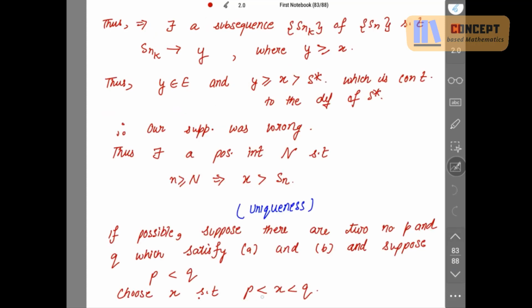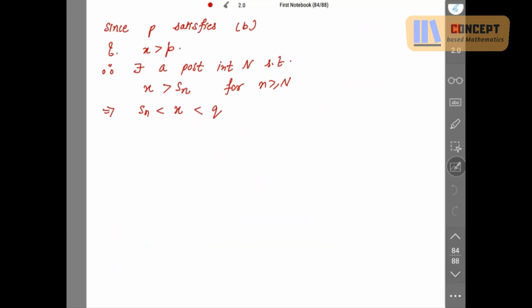We have chosen X to be strictly greater than P and less than Q. From here, Sn is less than X and X is further less than Q, right? Now, for n greater than or equal to n, this implies there does not exist any subsequence such that S_nk tends to Q, right?